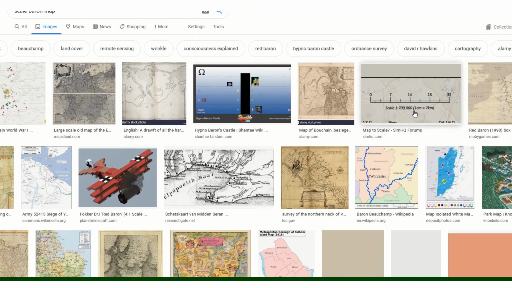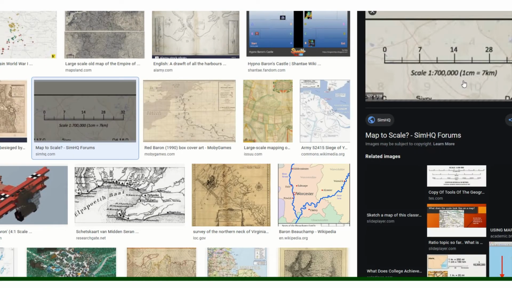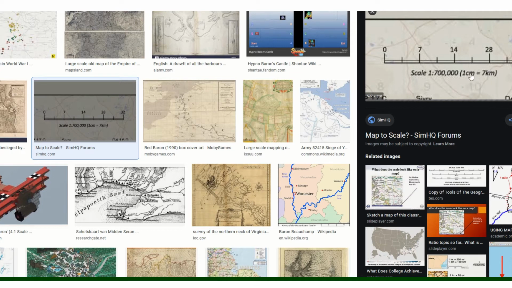Okay, so here you can see, 1 centimeter is equal to 7 kilometers. So 1 centimeter on the map is equal to 7 kilometers on the earth. I'll tell you the fraction as well, the RF. So 1 centimeter is equal to 700 kilometers on the earth.